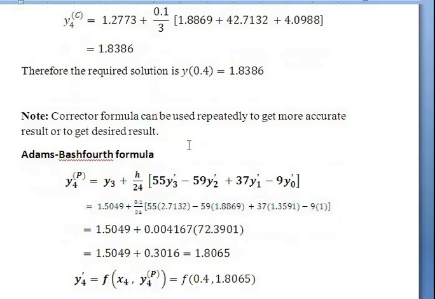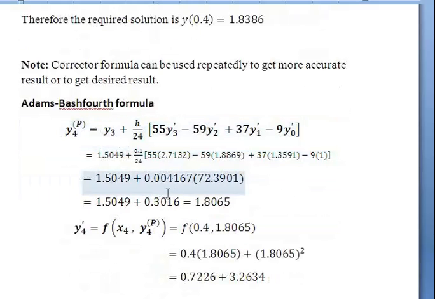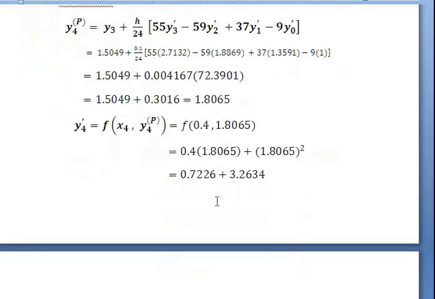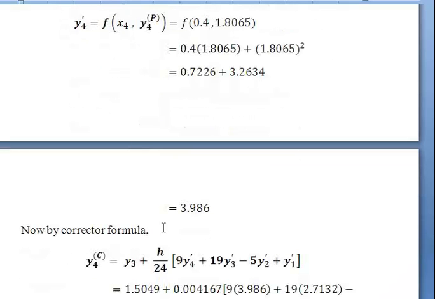Similarly, from the same table values, substituting in y4p the values y3', y2', y1' and y0', the y4p value is 1.8065. Again, to use the corrector formula we need y4' using x4 and y4p. Substituting those values, the required value of y4' is 3.986.